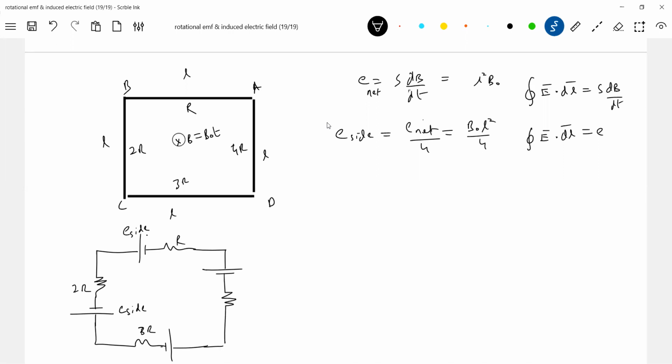So this is R, 2R, 3R, and this is 4R. There's a method.